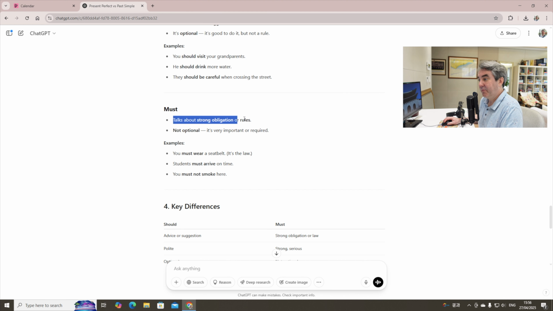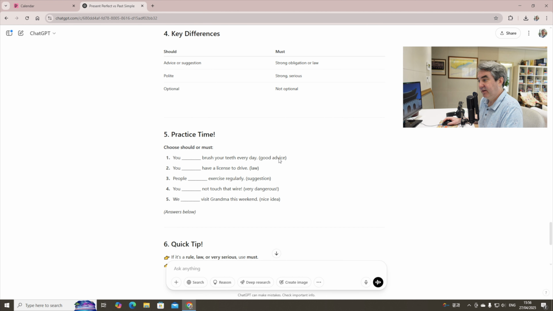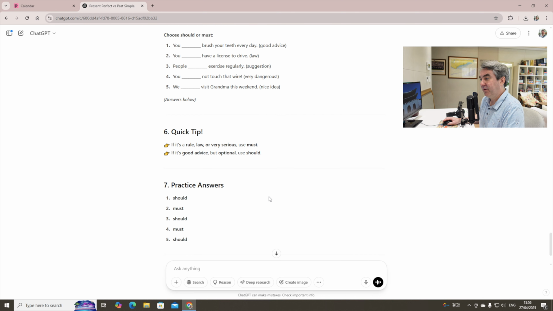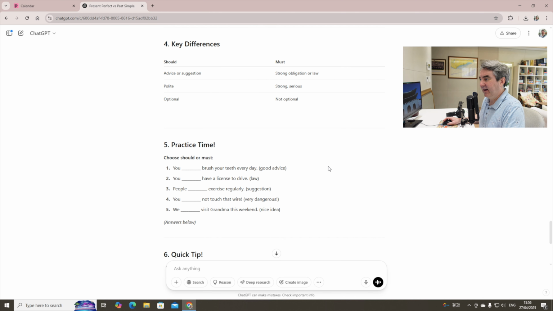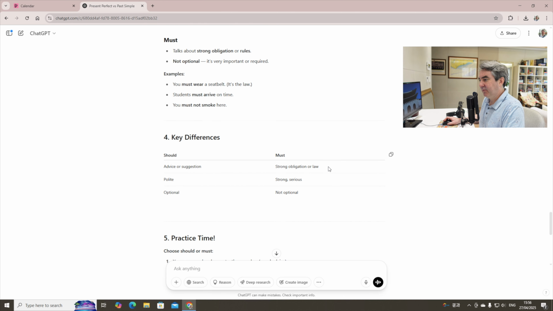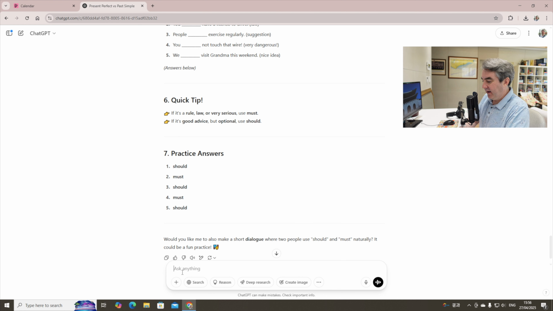Must is a strong obligation or rules, not optional, very important, required. Key differences, practice. Okay, so I've got a bit more of an idea, and with this I'm going to say: give me some gap fills with must and should.